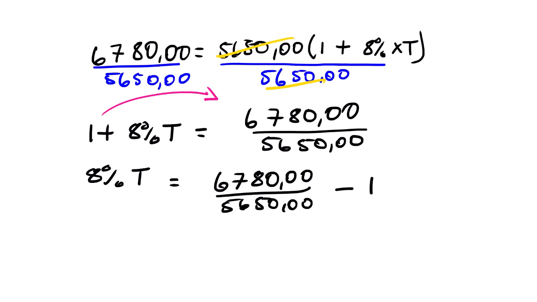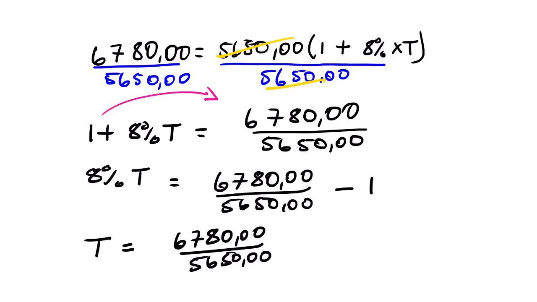So what we can do, we can divide both sides by 8%. So we're going to have T equals this value here, 6,780,000 over 5,650,000, and then this will be divided by 8%. And then minus 1 divided by 8% also.